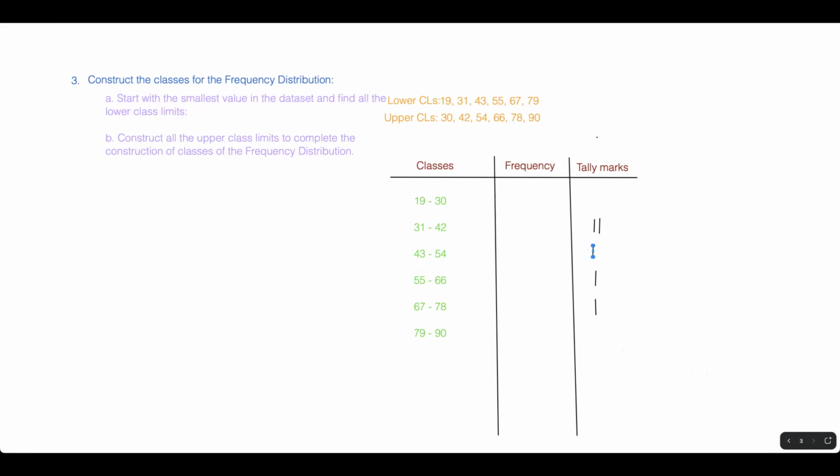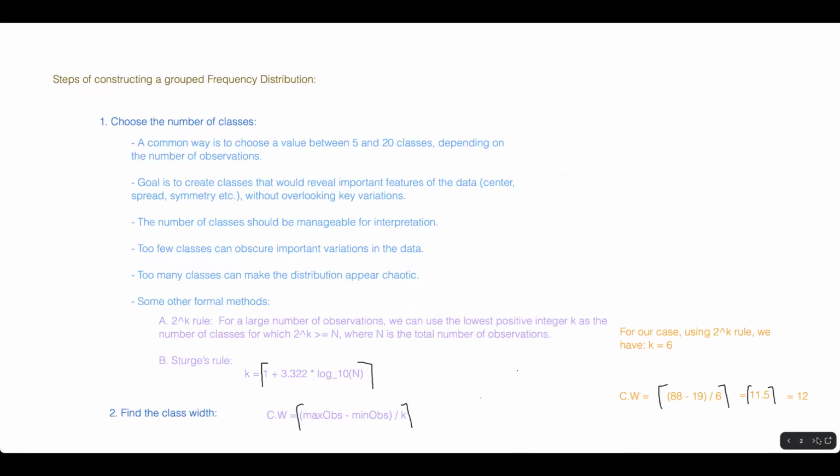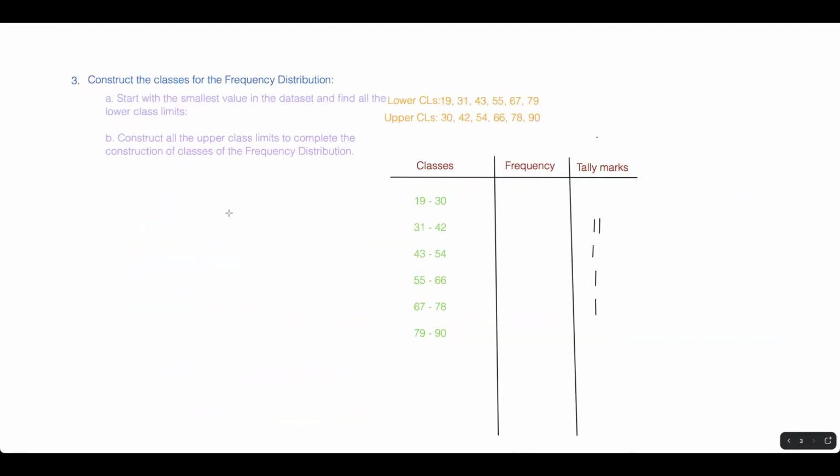All right, then come back. 44, 19, 88, 39. So 44 will be here, 19 will be here, 88 will be here, and 39 will be here, right?